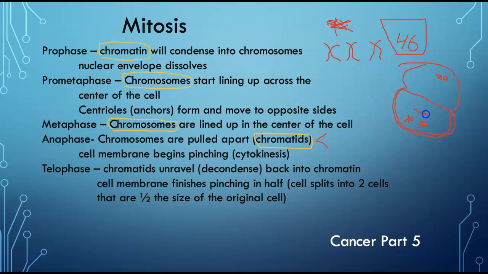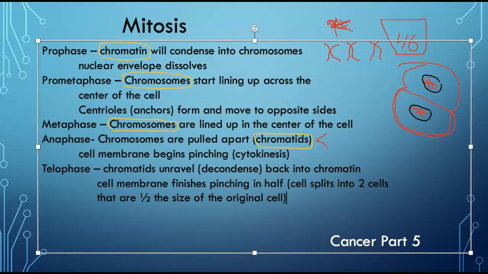Instead, they go back to, here's our little spaghetti noodle. Pile there. Pile here. Those little things we called centrioles, those dissolve. We don't need them anymore. And a new nuclear envelope forms around the chromatin.